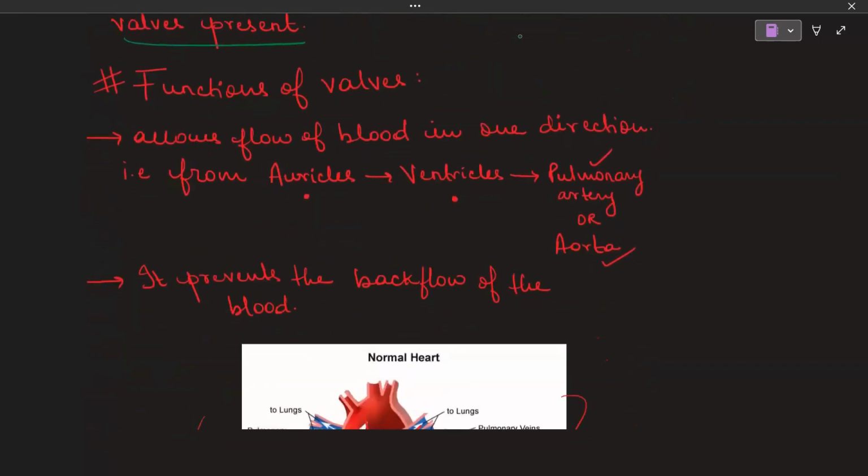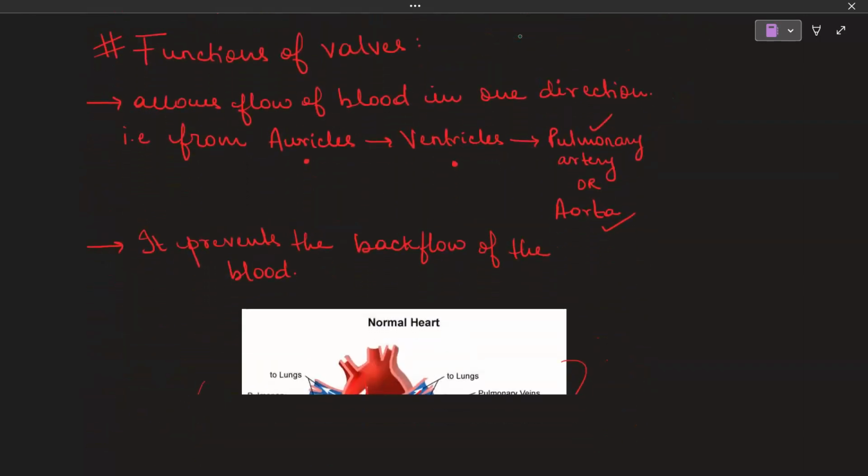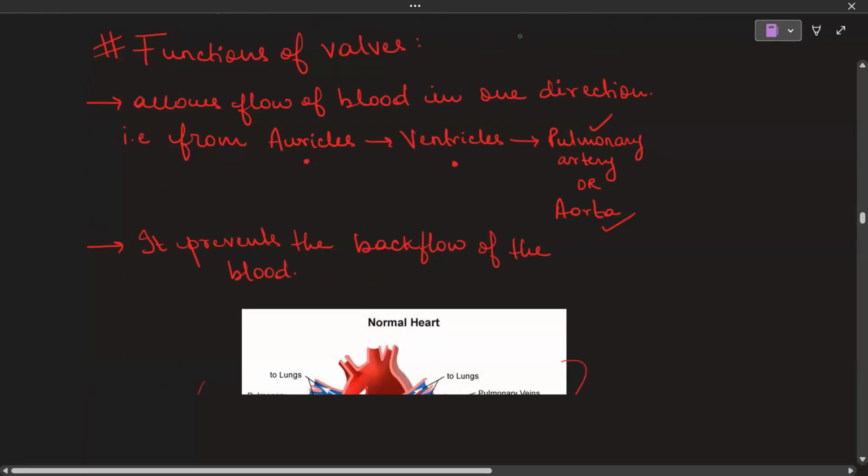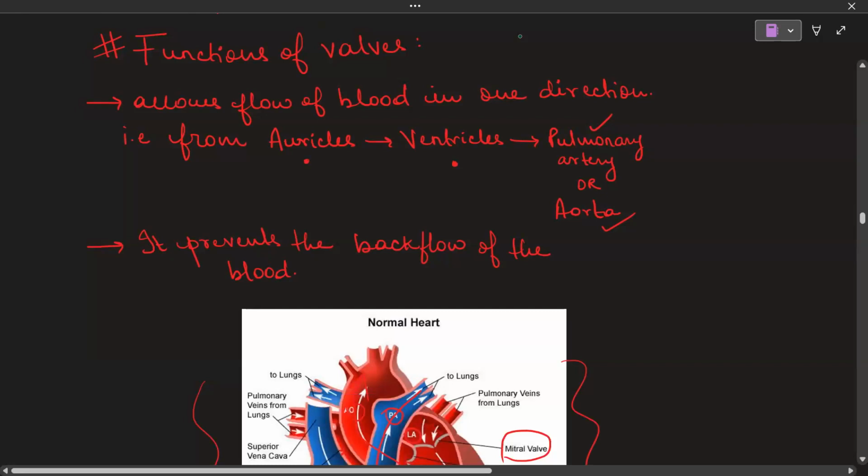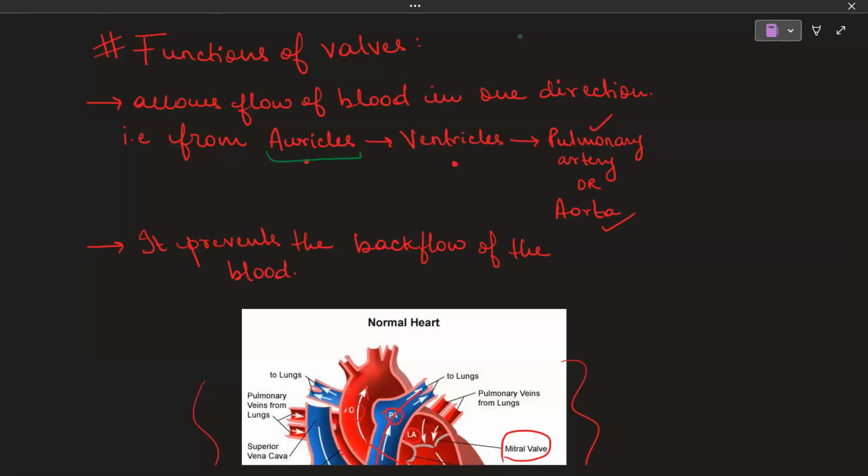Now let us look at the functions of valves. They allow the flow of blood in one direction. They prevent the backflow of blood in the body. So the blood can only flow in one direction: from the auricles to the ventricles.